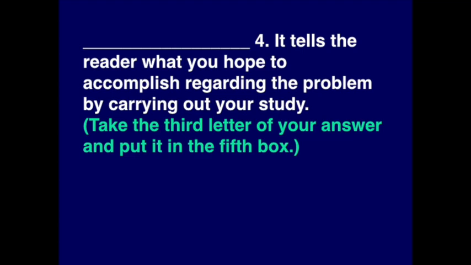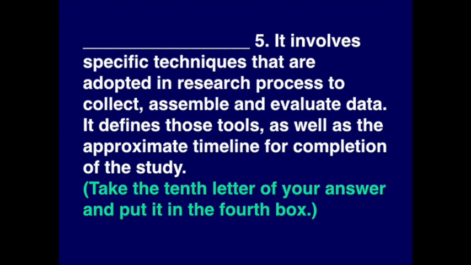Take the 3rd letter of your answer and put it in the 5th box. Number 5. It involves specific techniques that are adopted in research process to collect, assemble, and evaluate data. It defines those tools as well as the approximate timeline for completion of the study. Take the 10th letter of your answer and put it in the 4th box.